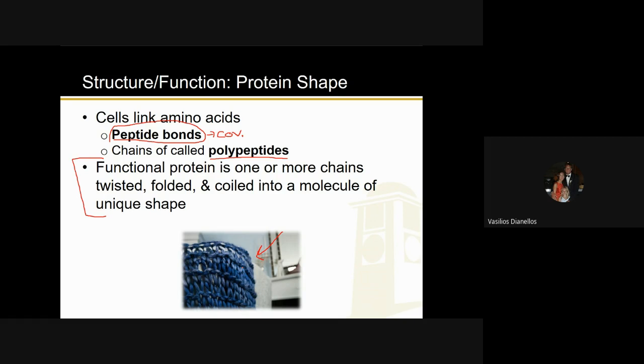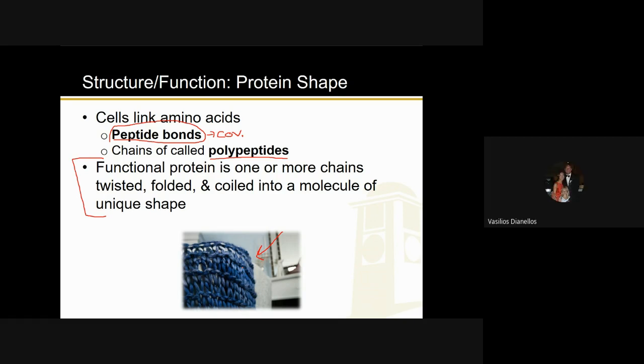It's still a piece of yarn, but once you twist it and fold it into that shape that it's supposed to be in, it is then considered a blanket or a scarf or whatever it is. Does that make sense? So it's not a scarf until you folded it and twisted it to be that shape. And even when it is in that shape, it is still technically yarn, but you now consider it a scarf or whatever. Is everybody clear with that?